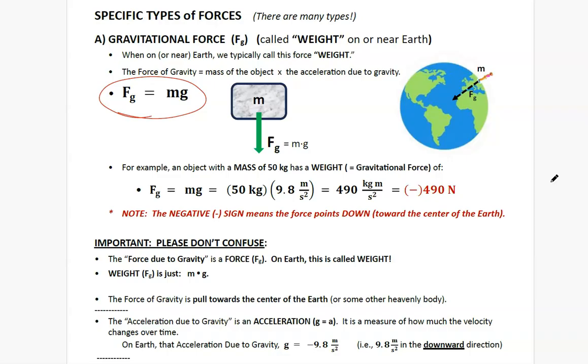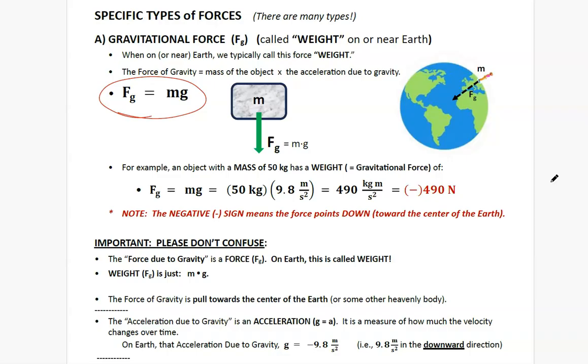And you see in this example, 50 kilograms of mass is equivalent to 490 newtons of weight. Weight is a type of force, of gravitational force. And because all gravitational force points towards the center of the earth, or if you're standing on the ground, it points straight down.